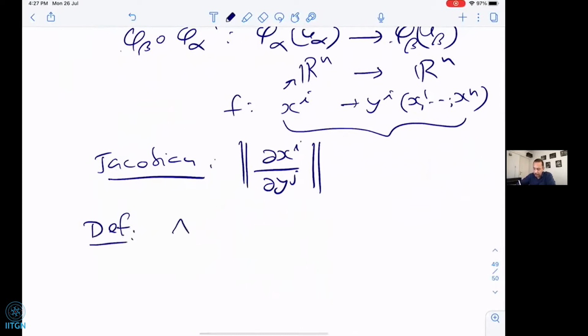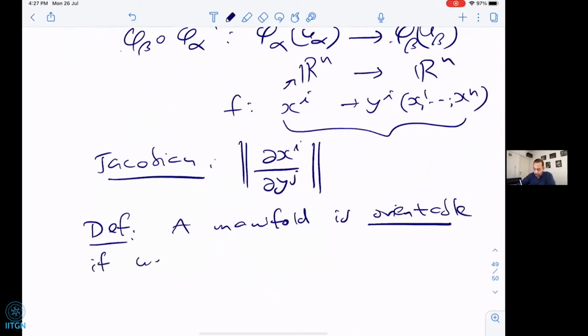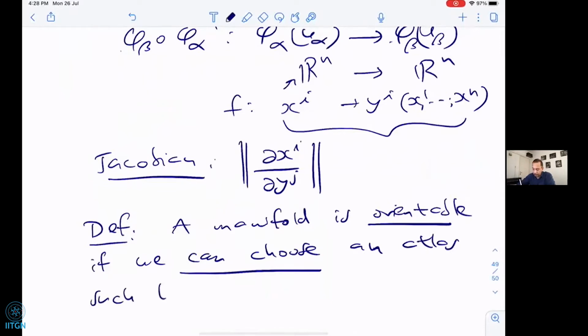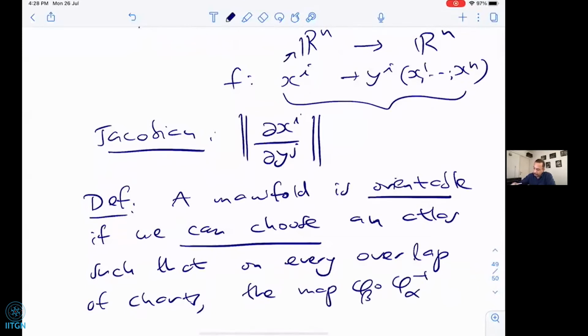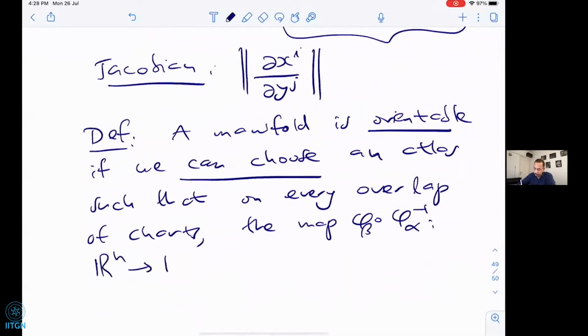The definition is that a manifold is orientable if, follow the definition carefully, we can choose an atlas such that on every overlap of charts, I gave you only one overlap in this drawing above, but it should be true on every overlap, the map phi beta composed with phi alpha inverse from Rn to Rn has a positive Jacobian determinant.